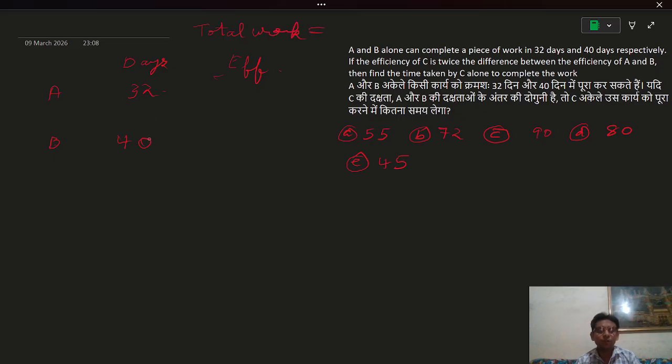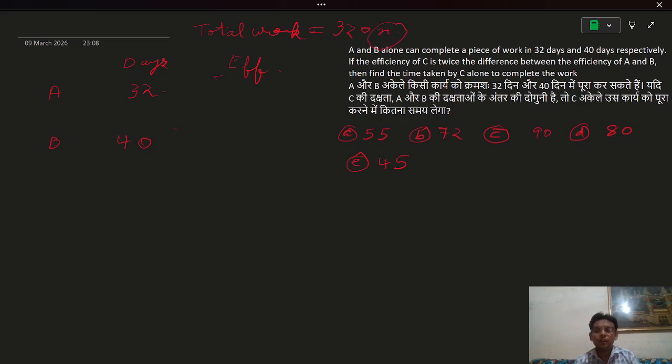It's better to take their common number, a number which is both a multiple of 40 as well as a multiple of 32. I think it will be 320. Let's take the total work as 320x.